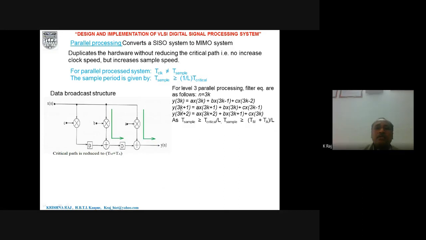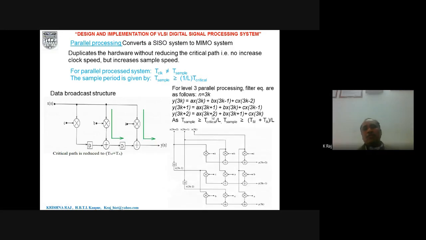And in the next cycle, it will be 3k+1, we will get this equation, and for y3k+2, we will get this equation here. Now, as per this equation, these three will be the outputs, and the inputs will be x3k, x3k+1, x3k+2 here. Now see the architecture here, how we are getting the input and output relations. Here the inputs are x3k, x3k+1 and x3k+2, and outputs are y3k, y3k+1 and y3k+2.